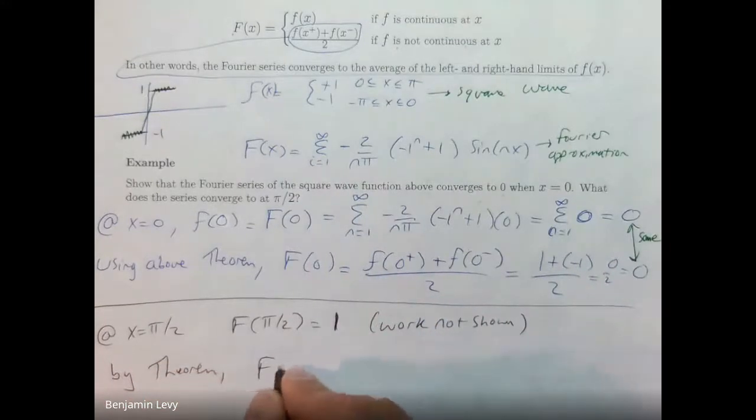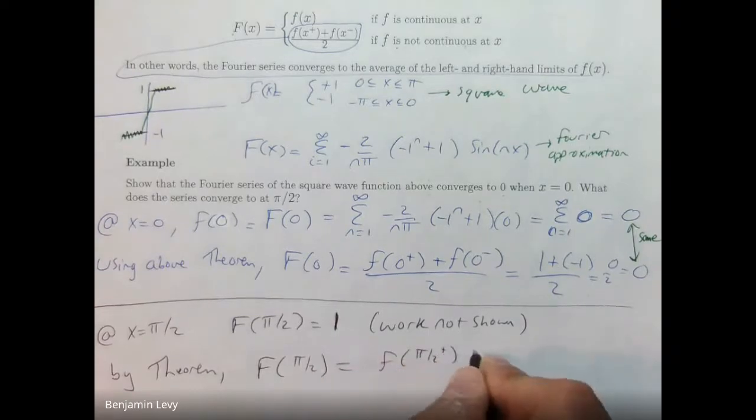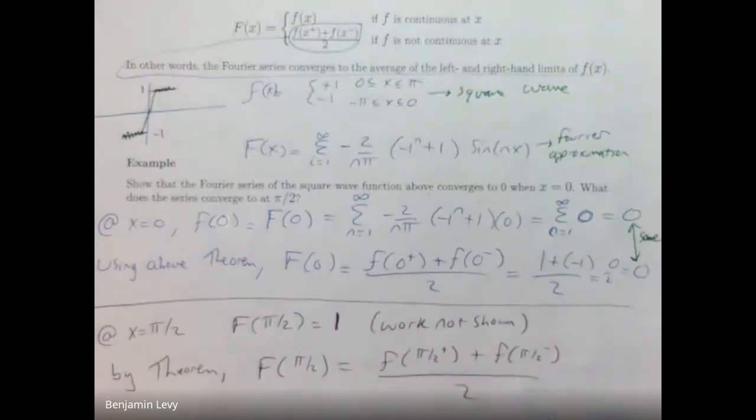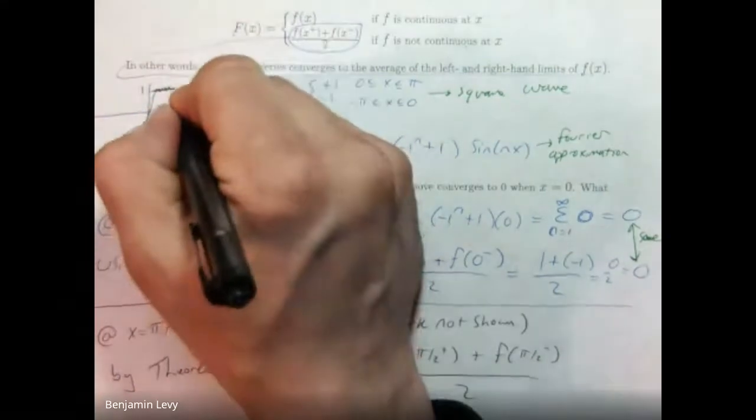We could take F of pi over 2 as the left and the right-hand limits at pi over 2, and then average them. And if we look at the picture, right, pi over 2 is somewhere here. This goes from 0 to pi, right?